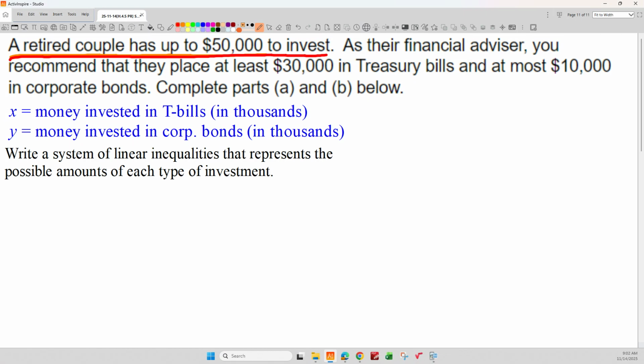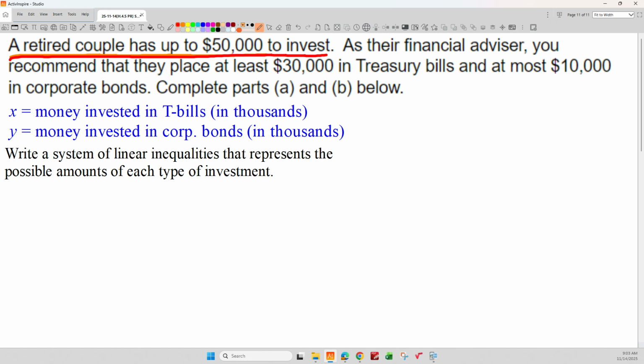When you're investing, you're investing a certain amount of X and a certain amount of Y, presumably, right? But your total can't exceed 50,000. So how can I make that an inequality?